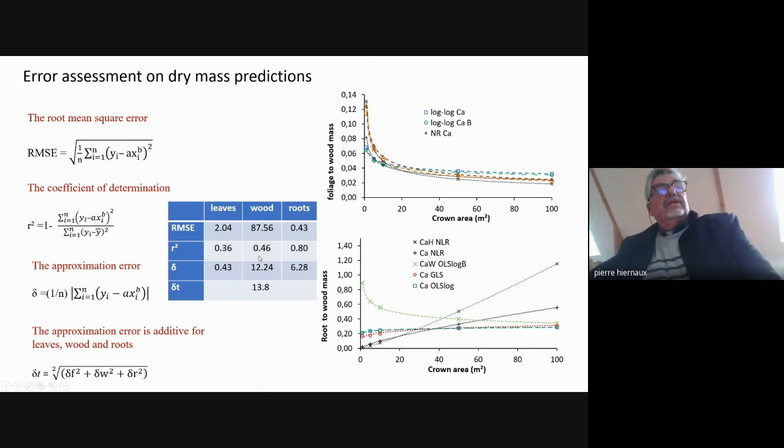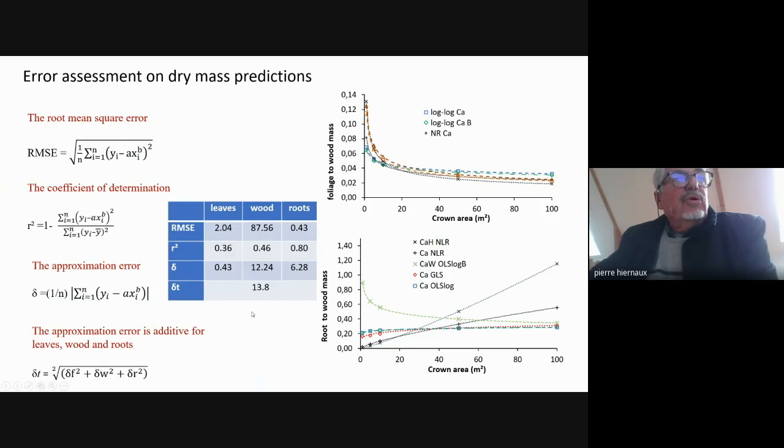That's the Baskerville corrected log transformation. You have the RMSE for leaves, for wood, and for roots. The R squares for each of them are quite poor for leaves and wood. And the approximation error, which is in kilos of dry matter in each case, is 0.43 kilos for leaves, 12 kilos for wood, and 6 kilos for roots.